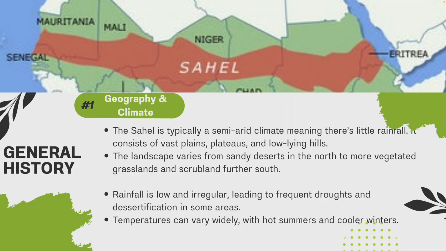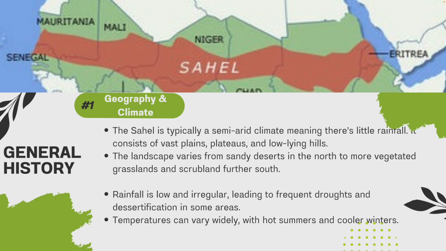So looking at the geography and climate of the Sahel region, it is typically a semi-arid climate, meaning there is little rainfall. It consists of vast plains, plateaus, and low-lying hills. The landscape varies from sandy deserts in the north to more vegetated grasslands and scrubland further south. And the climate is usually low and irregular rainfall, leading to frequent droughts and desertification in some areas.